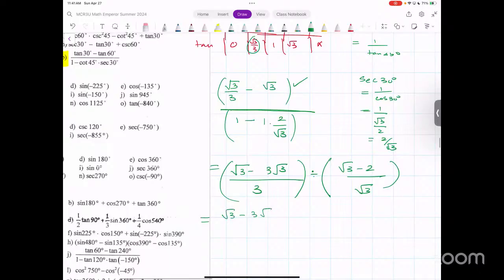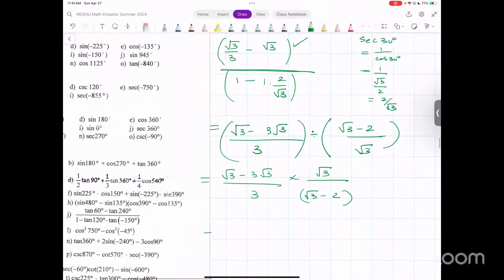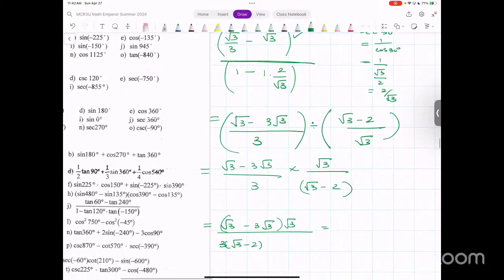Root 3 minus root 3 over 3 times, division is going to go back to multiplication. So we're going to get root 3 times 3 root 3, times it by root 3 over 3 times root 3 minus 2. I'm going to open the bracket.